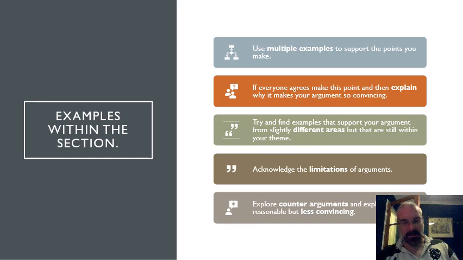Within the arguments of your section or your subsection, what you really want to do is try and find all sorts of slightly different examples that cover slightly different areas, but are all still within the principal theme laid out. So, for example, if you're doing finance, you might look at, was finance the reason for the start of some kind of civil war?